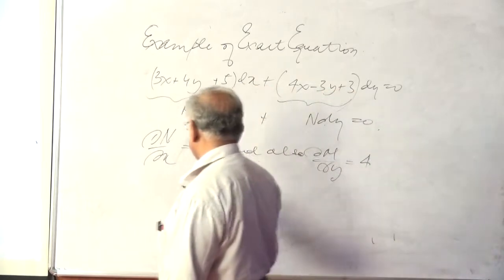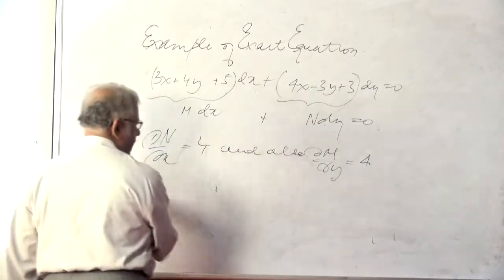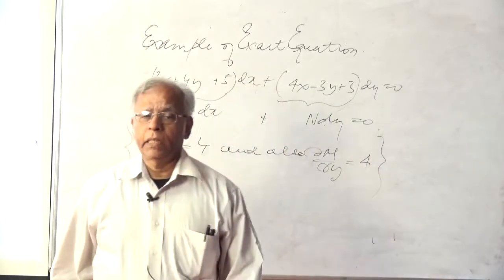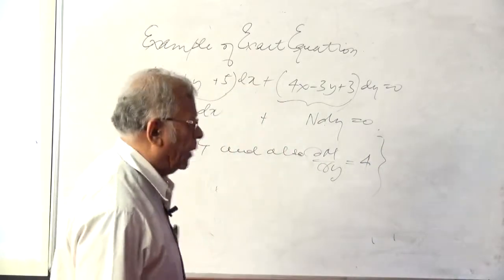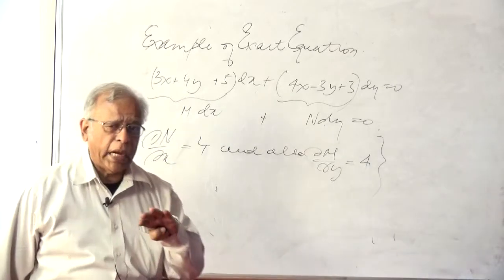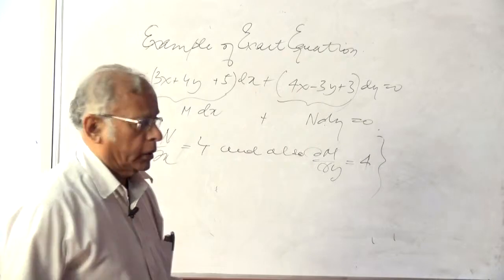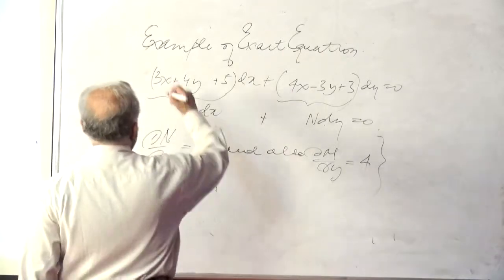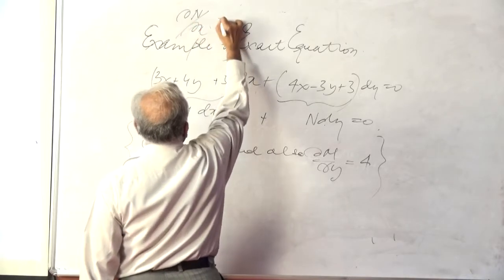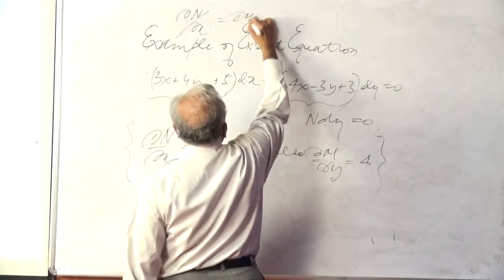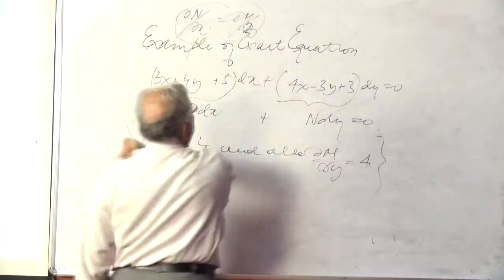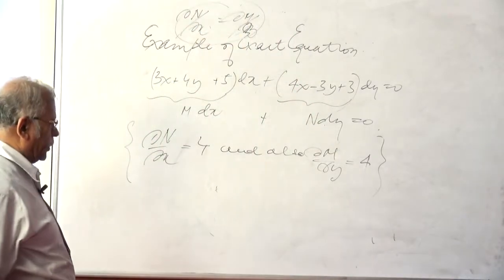So the criterion for exactness is satisfied, because we said for an equation to be exact, del N del x must be equal to del M del y, and here it is. We must remember that that is a necessary and sufficient condition.